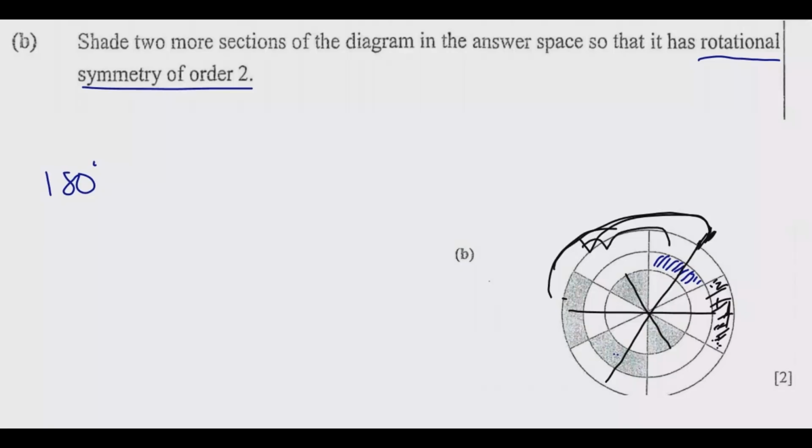It will be 1, 2, so this one will be here, then this one will move 1, 2, it will come here. So that there is 180 degrees rotation. So these are the areas we need to shade. Once you shade these, then we should be good to go and we get these 2 marks.